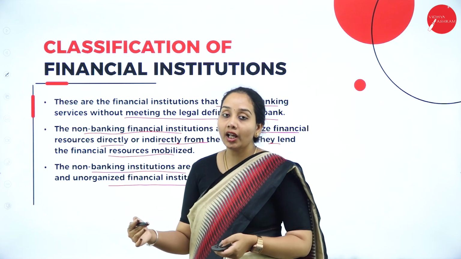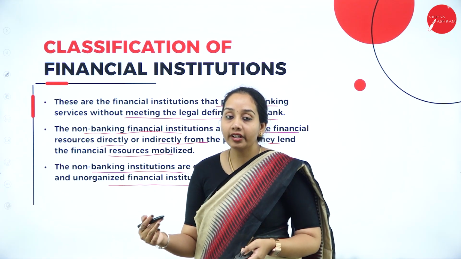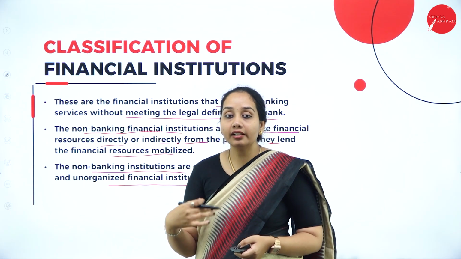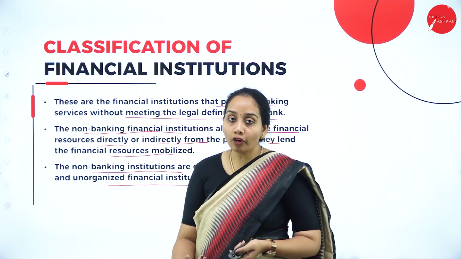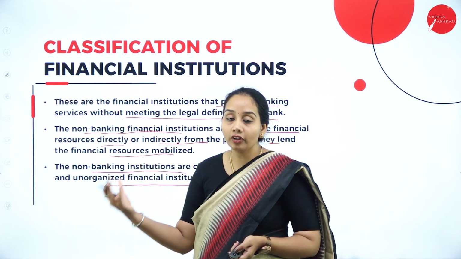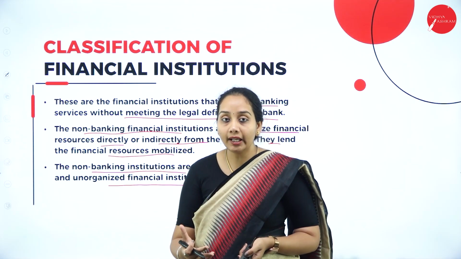The non-banking financial institutions, the basic objective is what? They don't provide you any such kind of banking facilities, but still they accept the money inflows in the form of a premium. For example, one of the famous non-banking institutions is LIC.